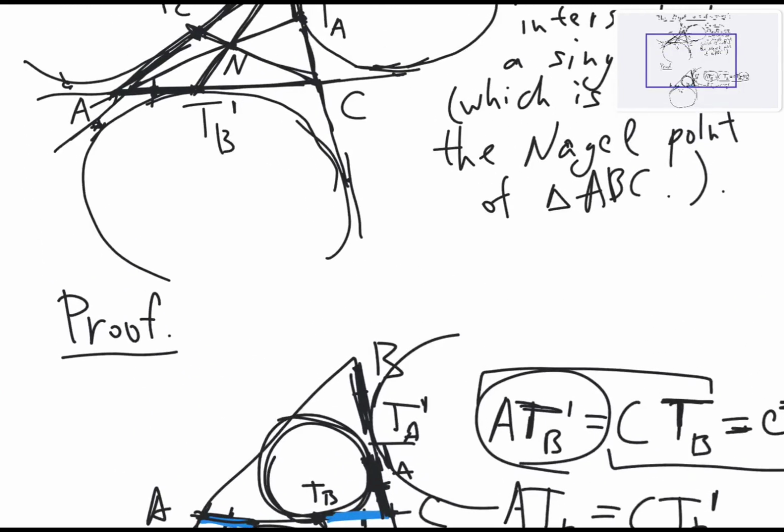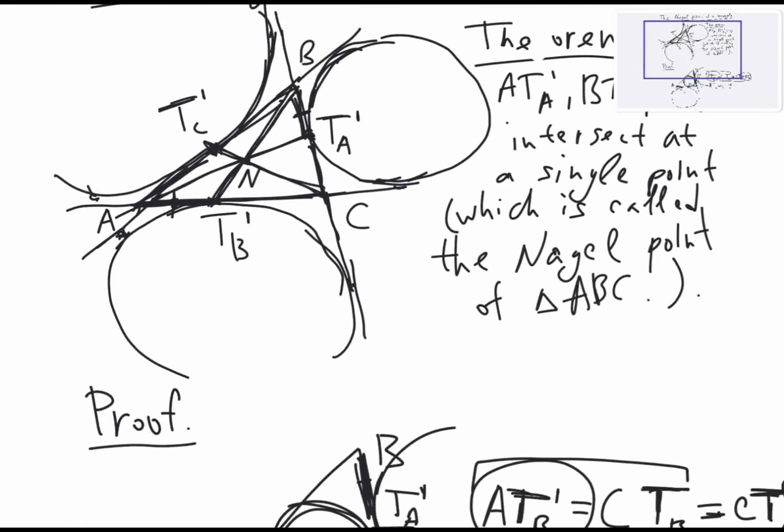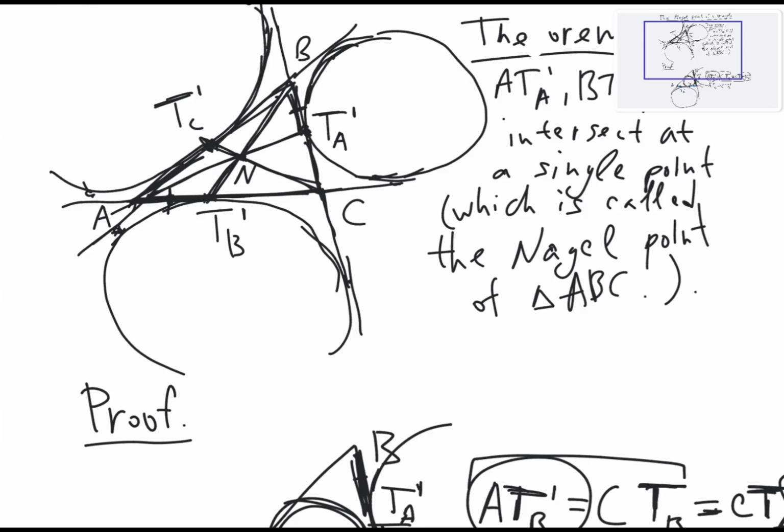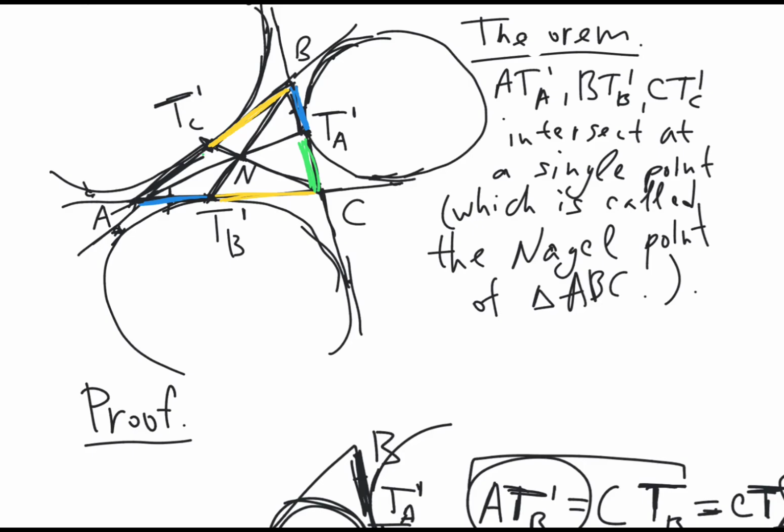Let me show them here on this picture. This segment is equal to this segment, then this segment is equal to this segment, and this segment is equal to this segment.